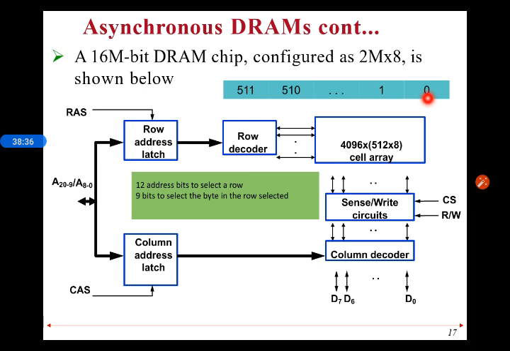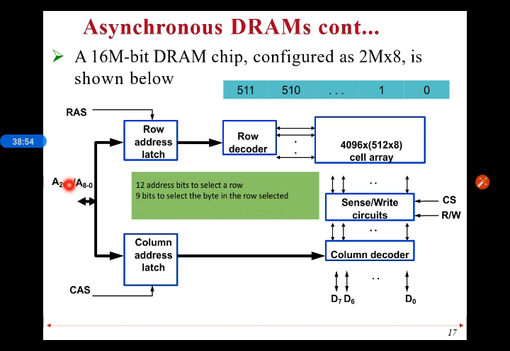You understand? Such 512 blocks are there, and we need to select only one block from the 512 blocks. So the address is divided into 12 bits and 9 bits. We have 21 bits in total, and the 12 bits select the row, and the 9 bits select the byte.